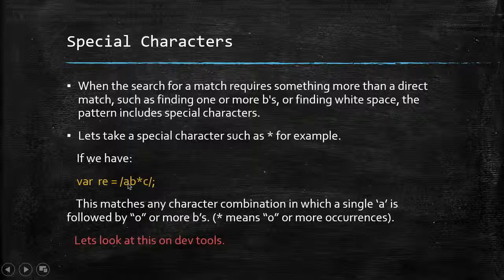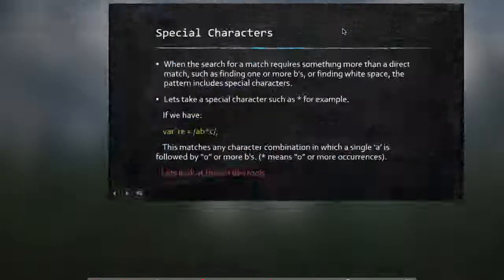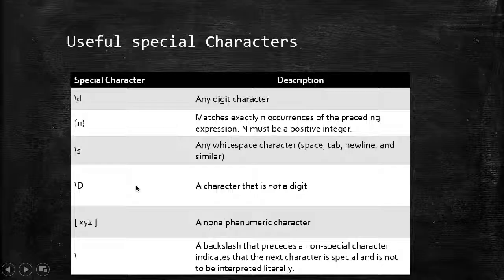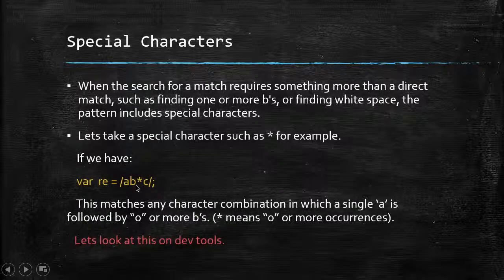So this will look for an A followed by B's, maybe A and 2 B's, A and 3 B's, and then followed by a C. Will that match no B's? Yes, it will match no B's as well. So it will match AC. It will match an A followed by any amount of B's, but yes, it will match AC.